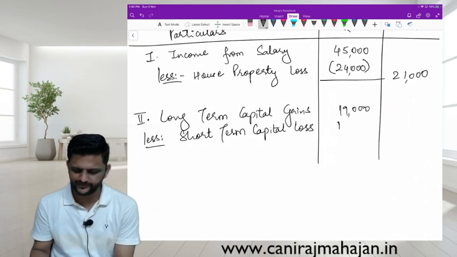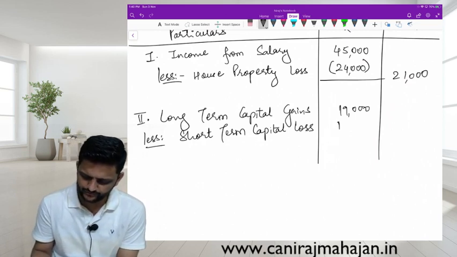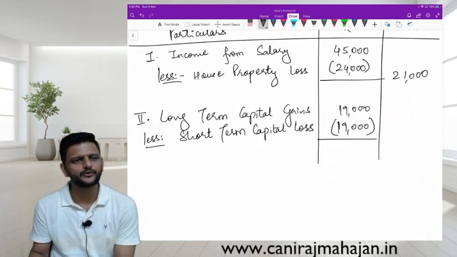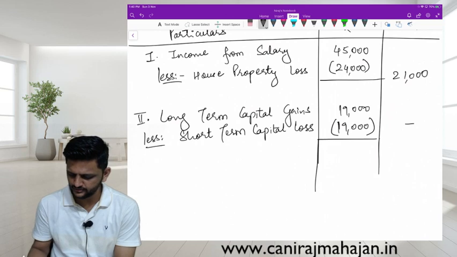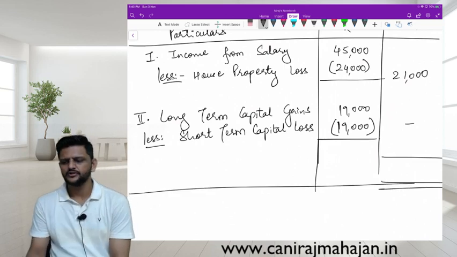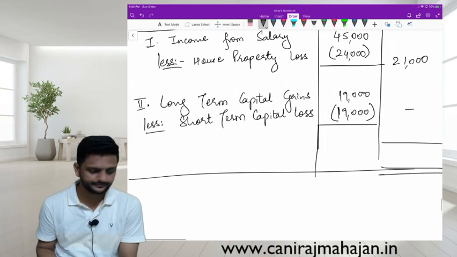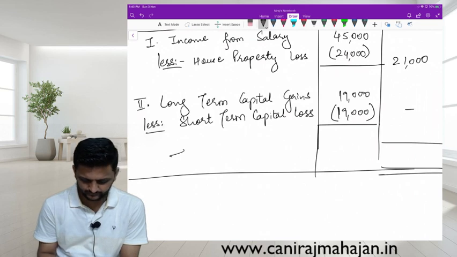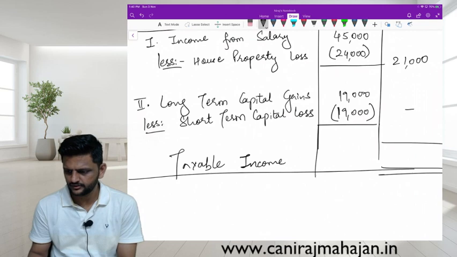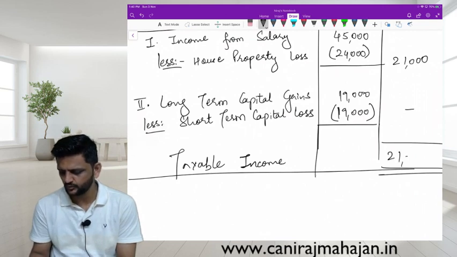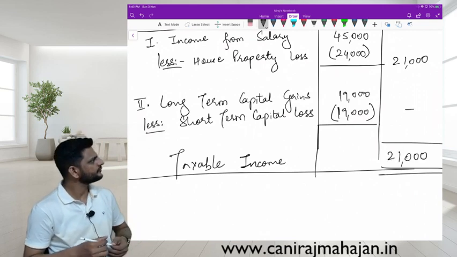What is the loss? 25,000, no? So we can set off. Loss is 25,000, but we can adjust only 19,000. So taxable income, how much? 21,000.